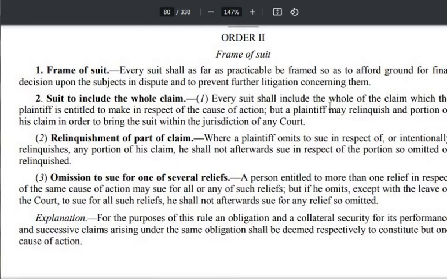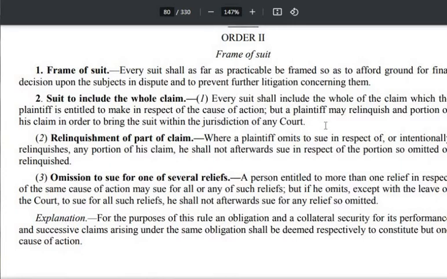So when they are using the word claim in the first paragraph, first clause, they are basically referring to the entire claim with respect to one relief. They are not talking about reliefs. They are talking about the entire claim with respect to one relief. And if a person A has got a cause of action, he has got two reliefs.